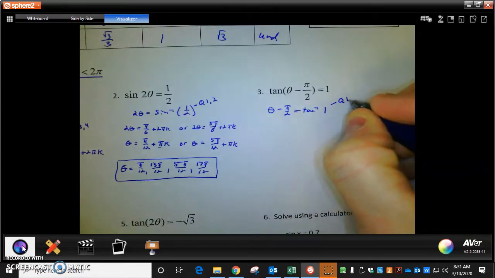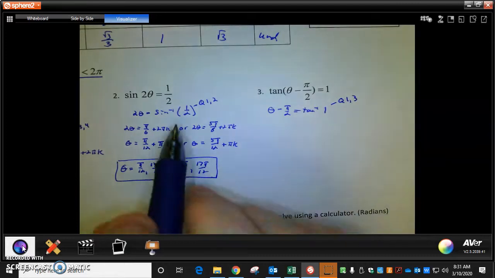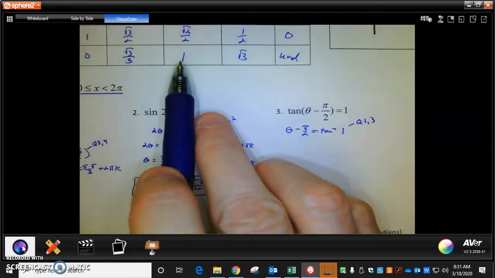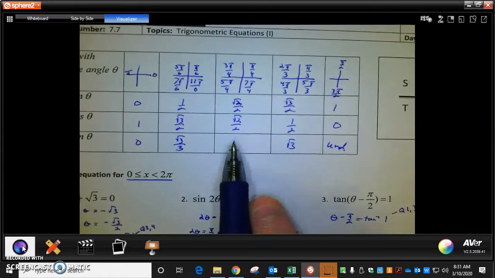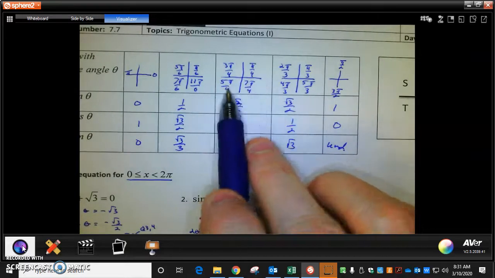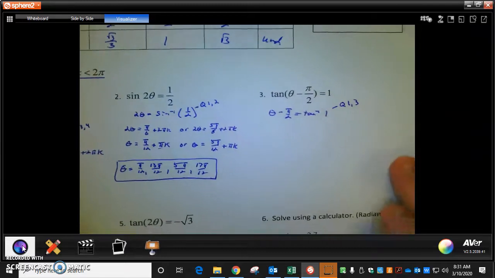So this would be quadrants 1 and 3. So tangent 1, and you're going to look up at your chart. I'm not going to pull this down every time, but pi over 4 and 5 pi over 4. Those are our solutions.